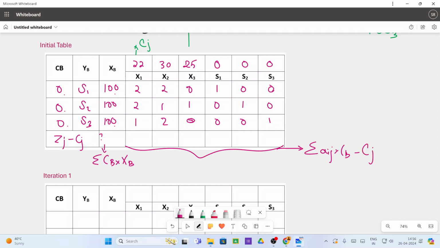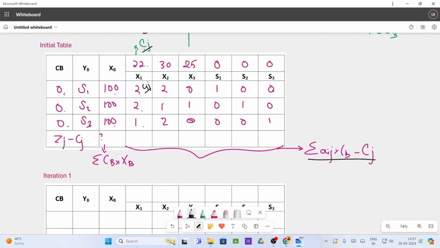CJ is on the top, CB you already have, which is 0, and these are your Aij values: 0 into 2, 0 into 2, 0 into 1. You multiply these and subtract the CJ value. This is going to be the formula.